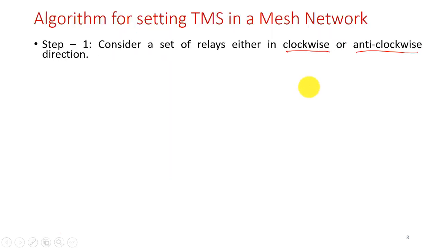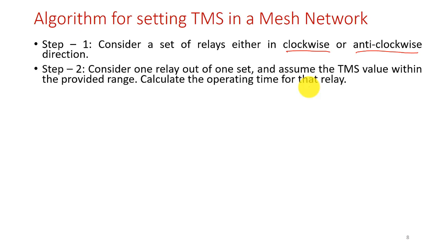Now using this general algorithm, we need to set the TMS in all these relays. In step 2, we consider one relay out of one set. Randomly you can choose any one relay out of that set and assume the TMS value within the provided range. There is no hard and fast rule that we choose the minimum value.